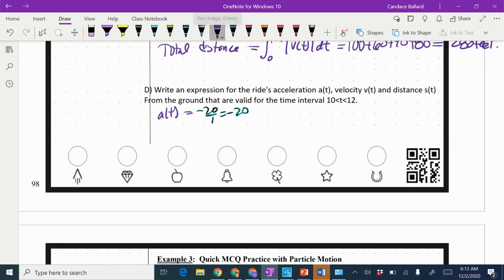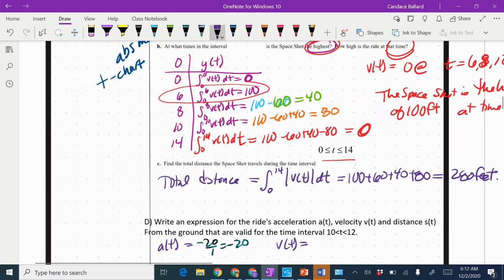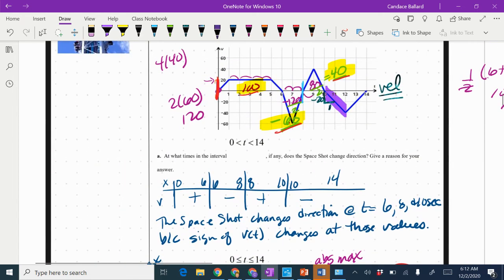All right, then we're going to talk about velocity. Velocity would just be basically the equation of this line that's right there. So I need to figure out the slope of that line. Actually, I have the slope, don't I?